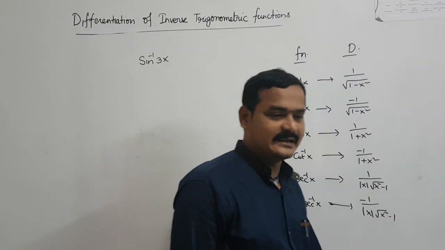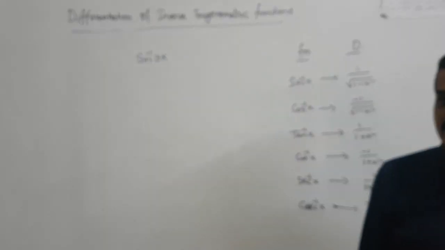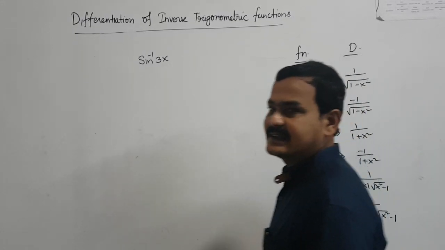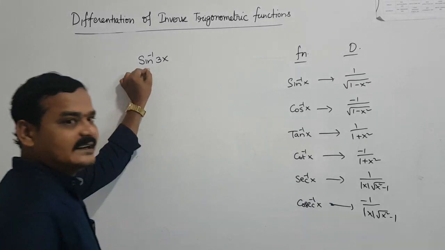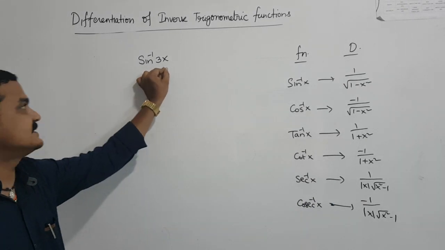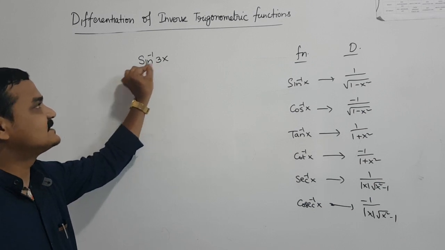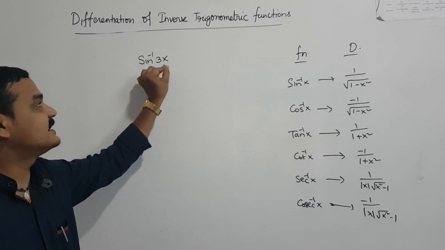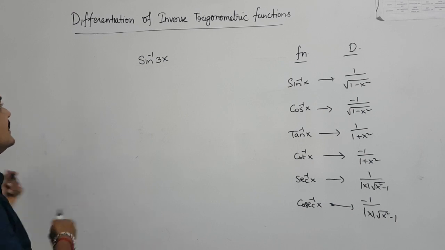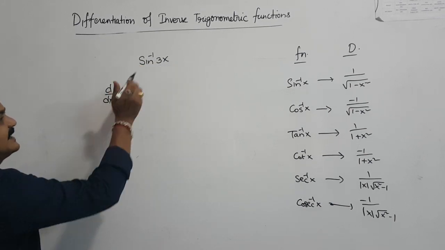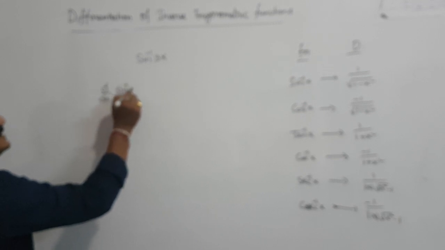I want to find the derivative of sin inverse of 3x. This is a composite function. The first function is sin inverse x, and the second function is 3x. In place of x, there is 3x.